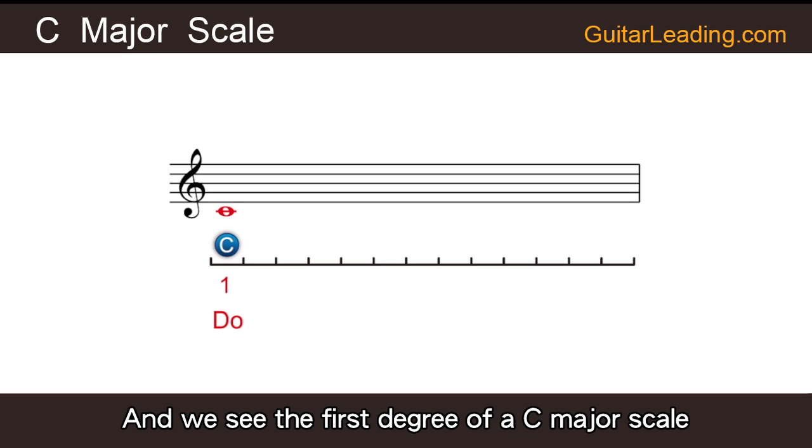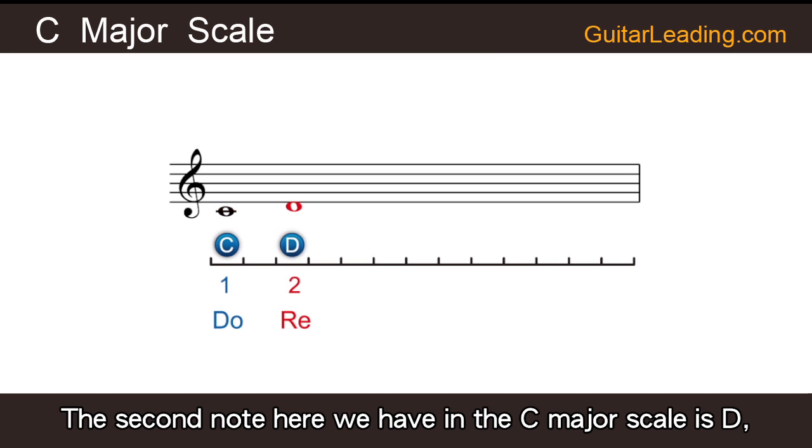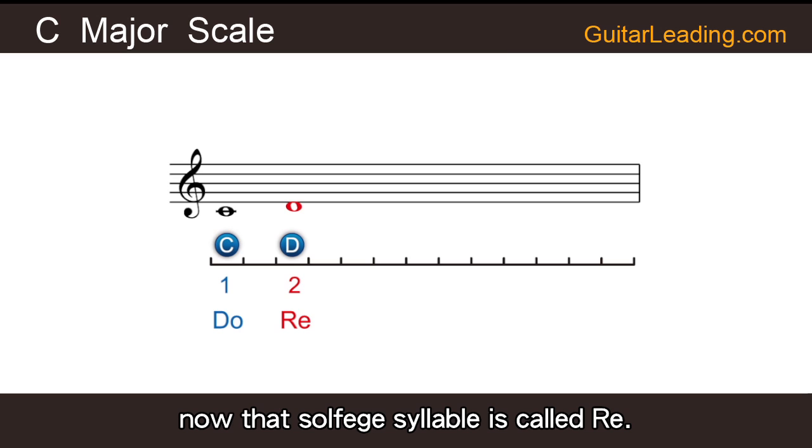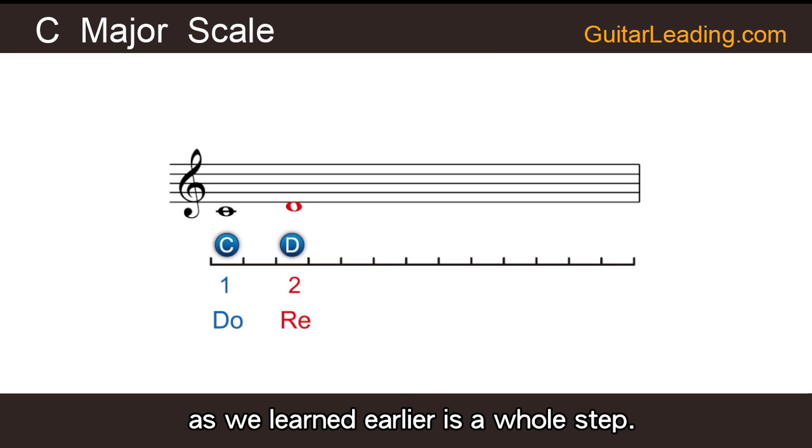And we see the first degree of a C major scale also being known as Do. The second note we have in the C major scale is D. Now that solfege syllable is called Re. Now we see that between C and D, as we learned earlier, is a whole step.